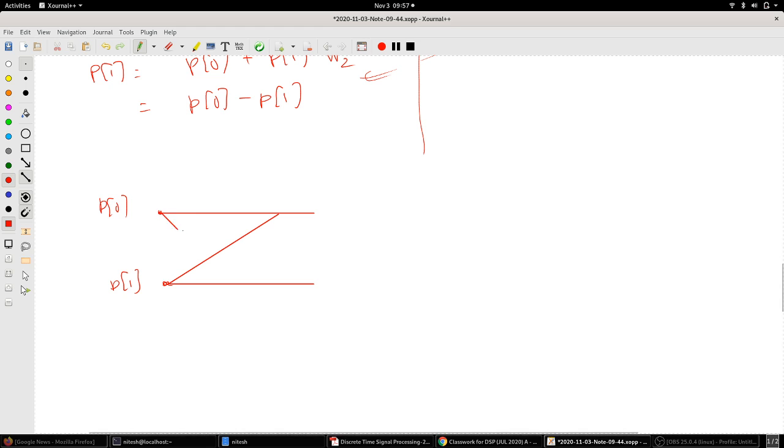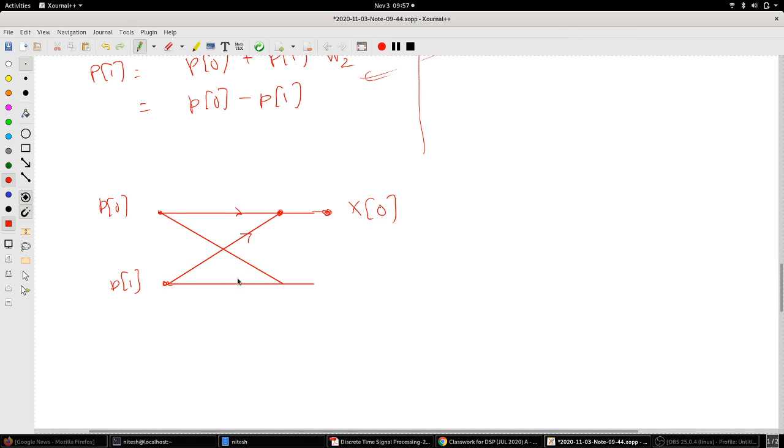Okay, so this is the second side of it. So now I can write this 2-point structure as P0 plus P1 goes to x of 0, okay, P0 minus 1 into P1, okay.